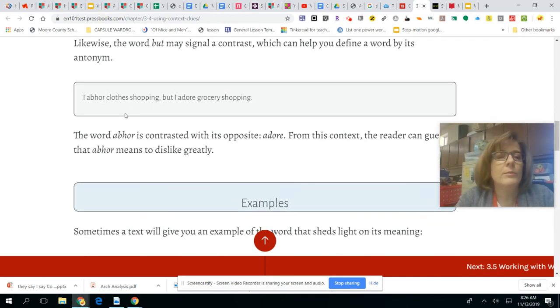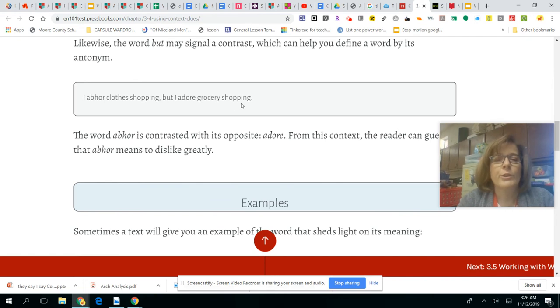Second example, I abhor clothes shopping, but I adore grocery shopping. So here you're set up with two ideas. Number one is I abhor clothes shopping. It's likely that we don't know what abhor means. The second idea is a contrasting idea, which you know because that FANBOYS conjunction is setting up a contrast with the word but.